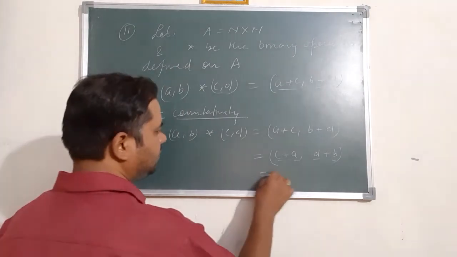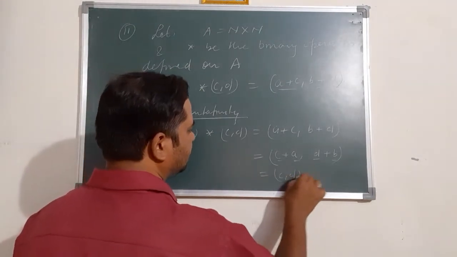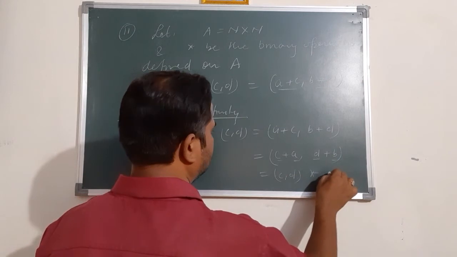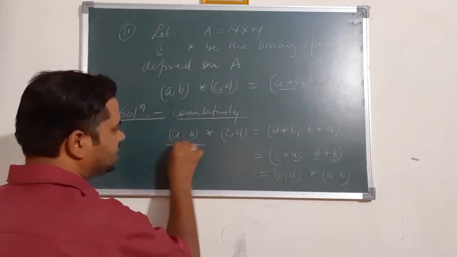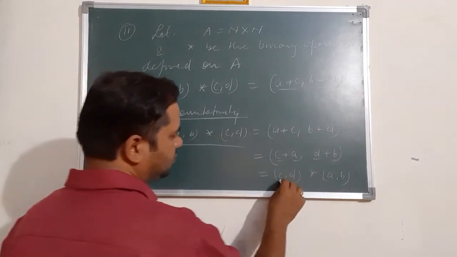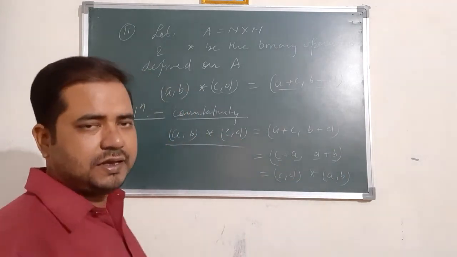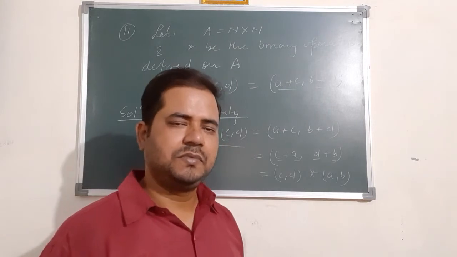So this is nothing but (c, d) star (a, b), so (a, b) star (c, d) is equal to (c, d) star (a, b), that's why it is commutative.